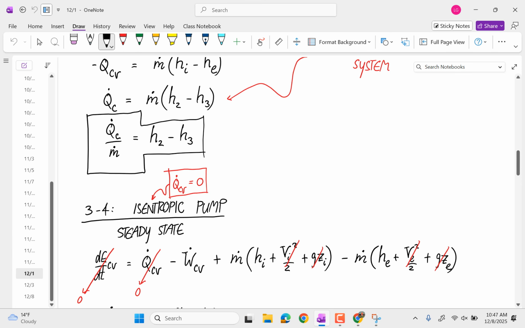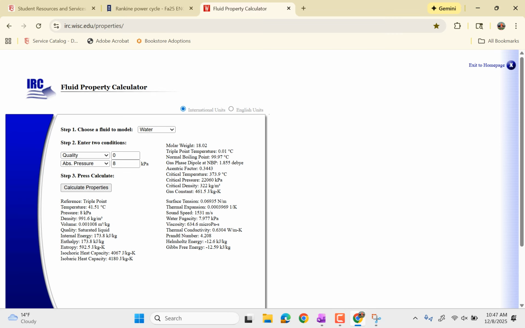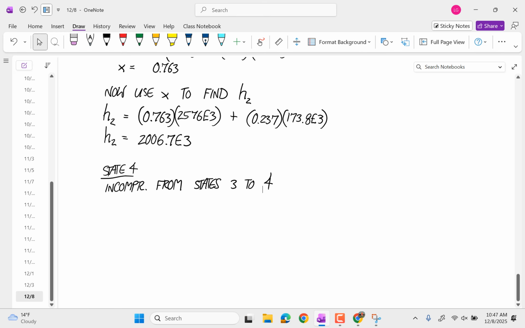So we can use this equation that says H4 minus H3 is equal to the specific volume times the difference in pressures. So H4 minus H3 is equal to the specific volume times the pressure at 4 minus the pressure at 3.